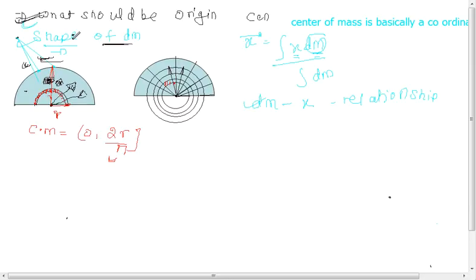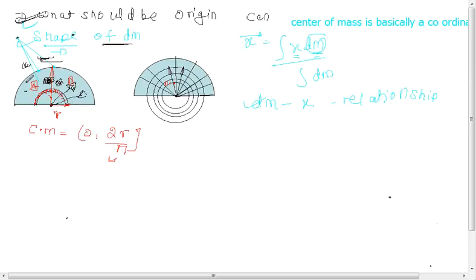Okay guys, the mass is uniformly distributed among area. This means that equal area always has equal mass irrespective of position, shape. For example, if area at this point is a, and at this point is a, then both areas have the same mass. It does not depend upon the shape or the orientation.